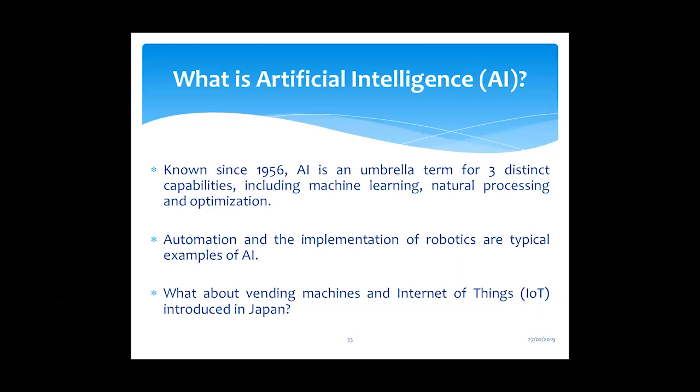Everything is relayed back to the center. They can also detect whether a vending machine requires maintenance, depending on how many times it has dispensed, so they send a team out to maintain it. From that perspective, AI is the way to go. And these days, I think the next wave will be drones bringing food to people. That's the next phase.